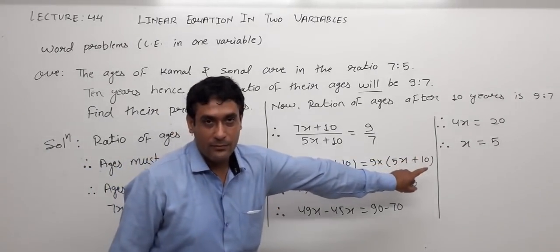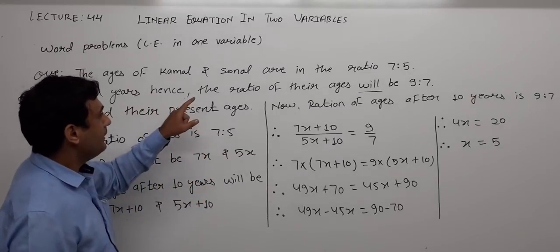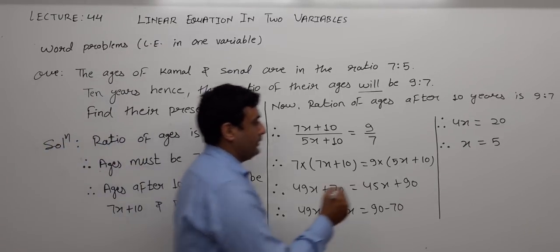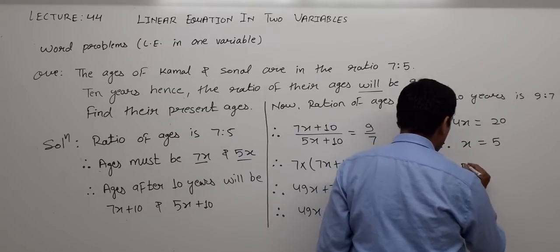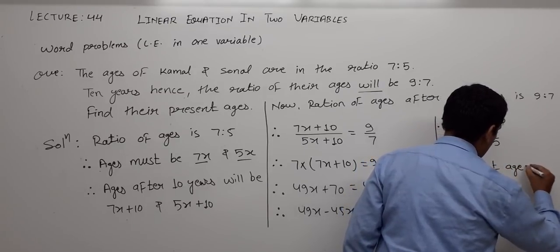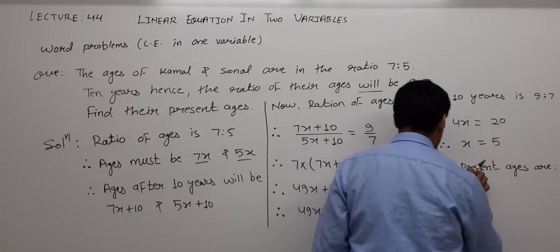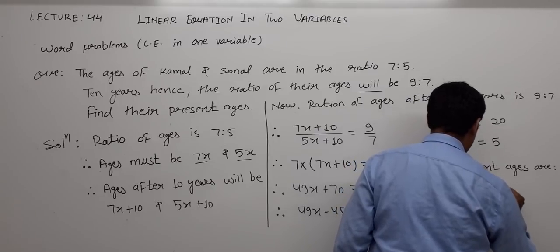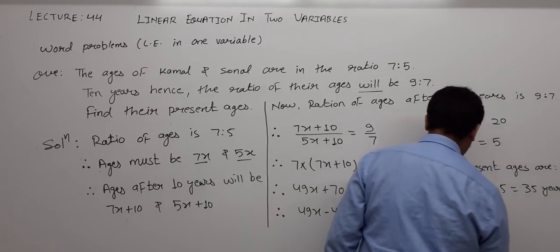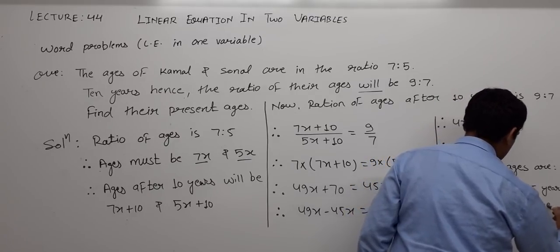Now, this is not our answer. Here we are not asked to find the value of x. Here what we have to find? Their present ages. And what are their present ages? 7x and 5x. So therefore present ages are 7x, that is 7 into 5, 35 years, and 5x, that is 5 into 5, 25 years.